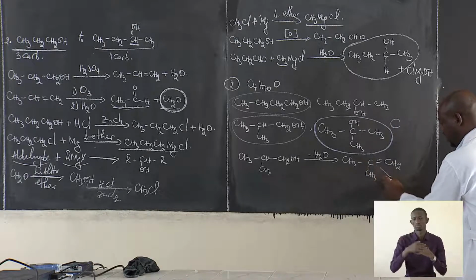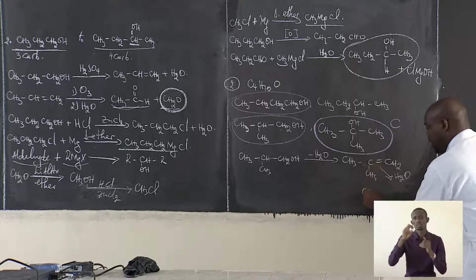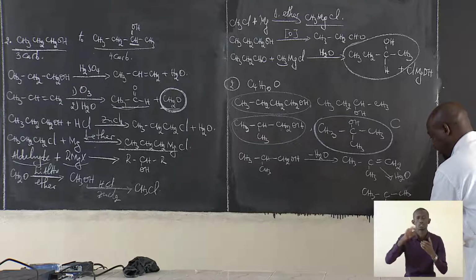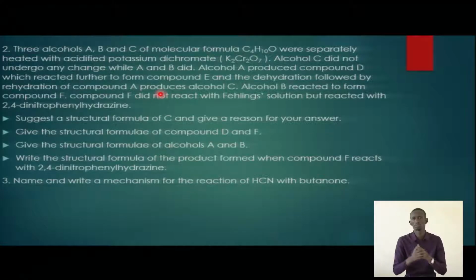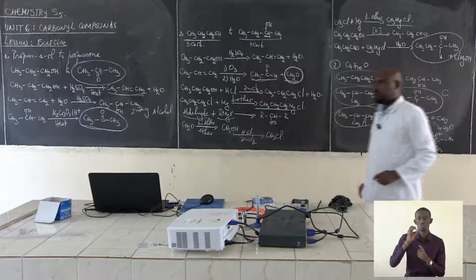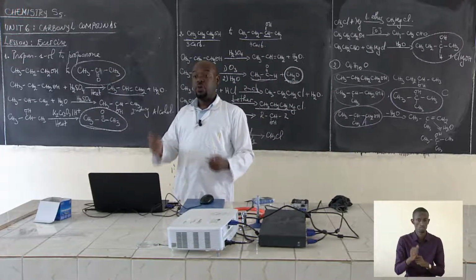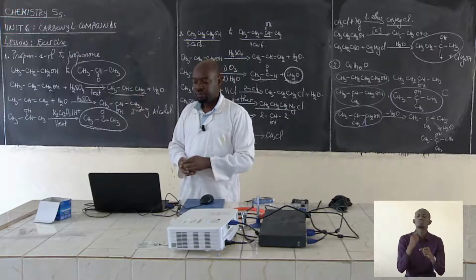What do we get if we add more H2O to the product? We get CH3, C, CH3, CH3, and OH. So this is the compound which is A. Because if we dehydrate it and rehydrate it, we get C.